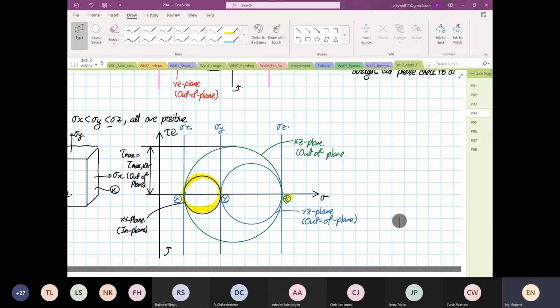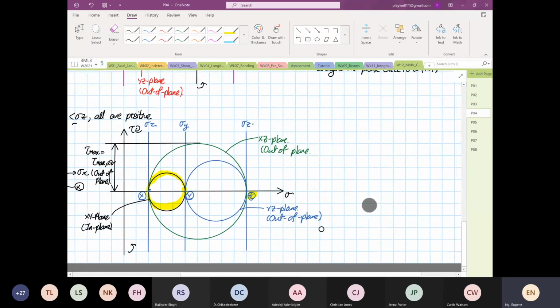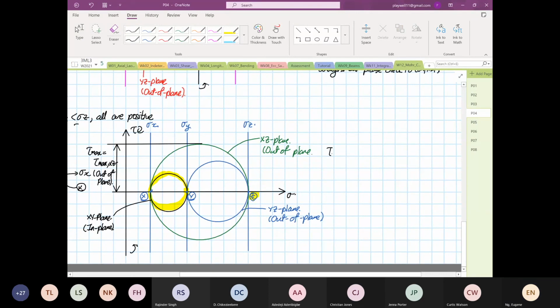So from here we know that tau max is equal to tau max xz and is equal to tau max zx. And to calculate the value is not difficult at all. So this we know, as I mentioned before, is out of plane.